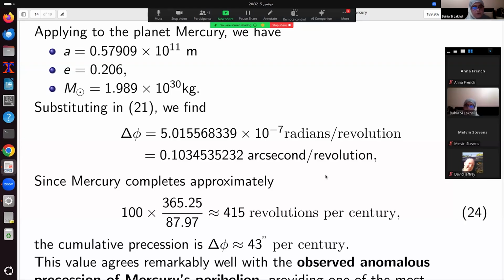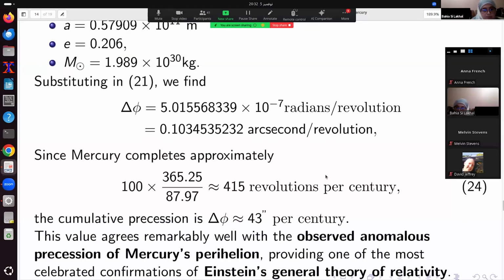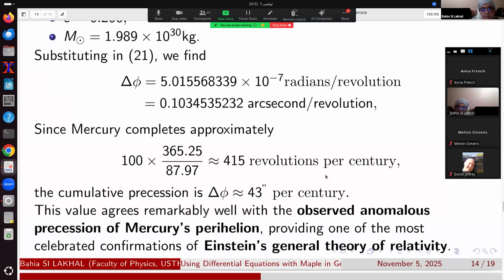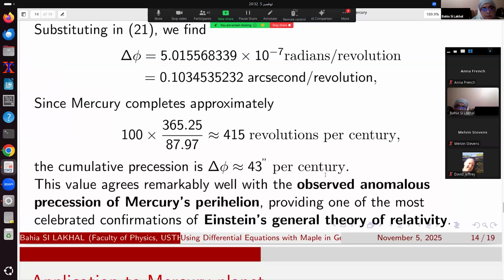This value agrees very well with the observed anomalous precession of Mercury's perihelion, which is a confirmation that Einstein's general theory of relativity is successful.